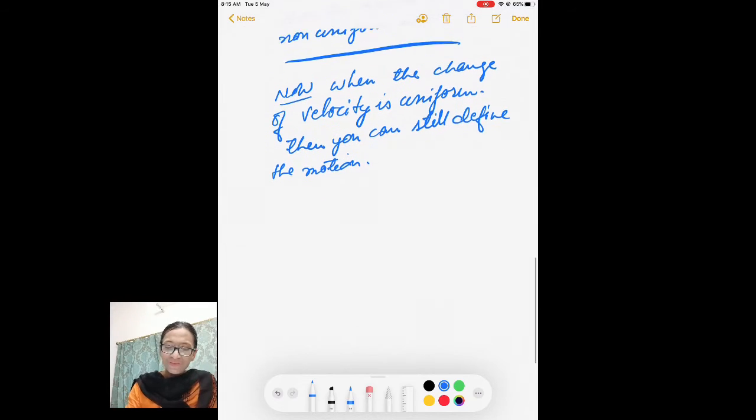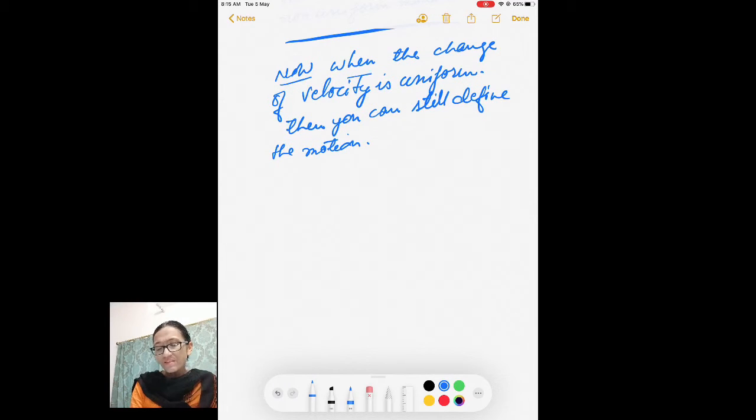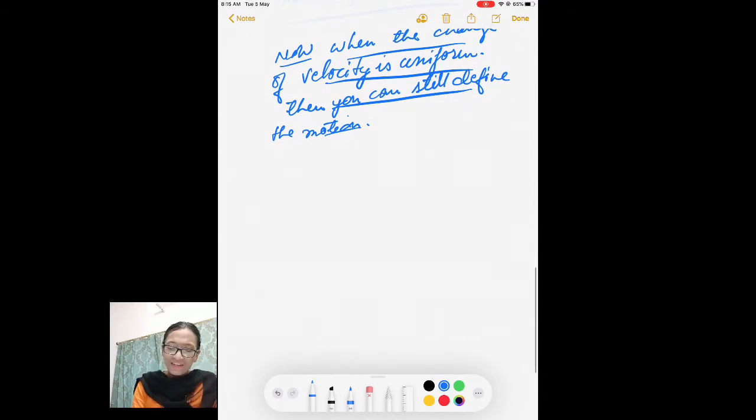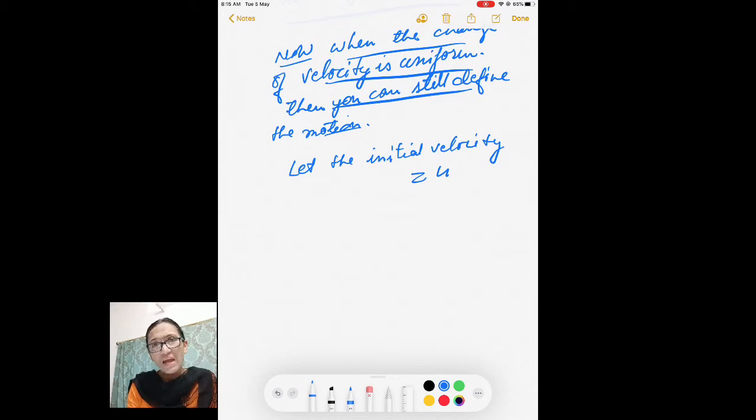So let me derive some equations pertaining to this situation also. Let the initial velocity be u. Initially the velocity is u and velocity is changing with uniform rate. In equal interval of time it is increasing with equal amount.